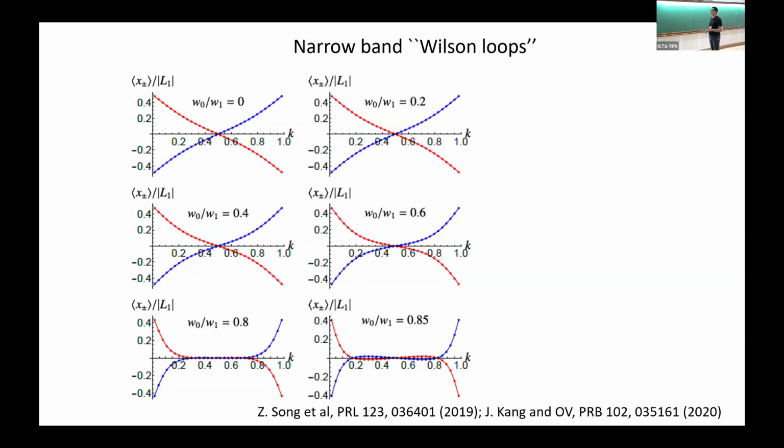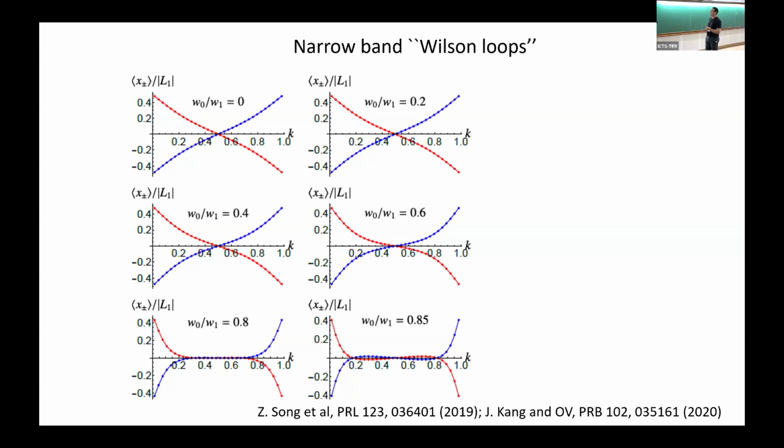Okay? And we can study this as a function of the ratio of these 2 tunneling amplitudes. So this is just for theoretical interest. If you set it equal to 0, this so-called chiral limit, then the Wilson loop shape looks just as I showed you.